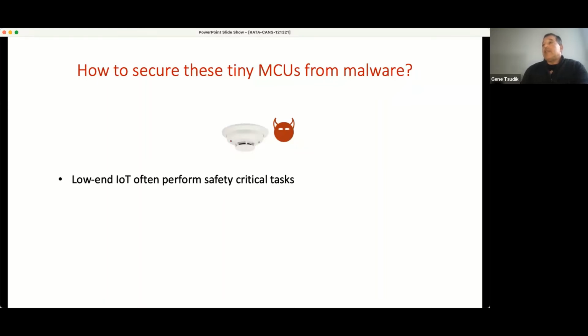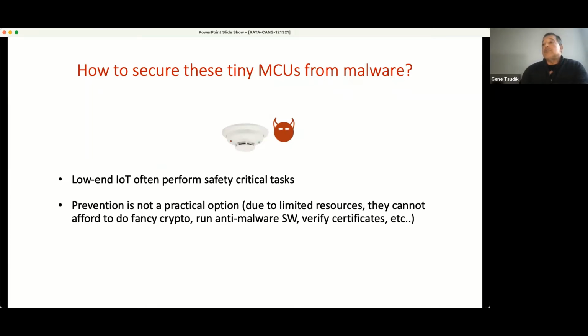I just told you that these poor little things have no security features to speak of, yet they still are deployed in many cases in environments where they perform safety or security critical tasks, like motion detectors, smoke detectors, CO2 detectors, maybe radiation detectors, but definitely all kinds of detectors and sensors that perform safety critical tasks. And so preventing attacks on these devices is the best thing we could do.